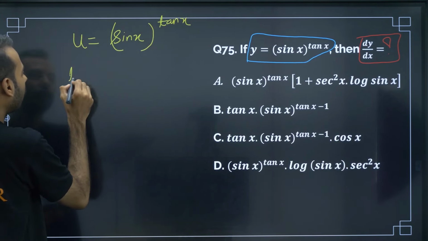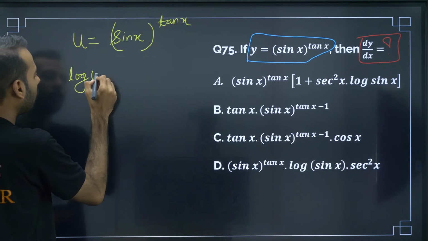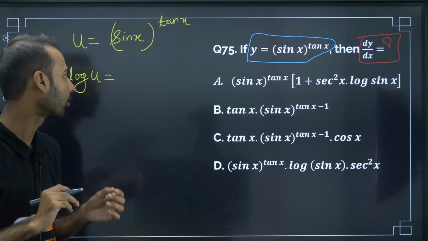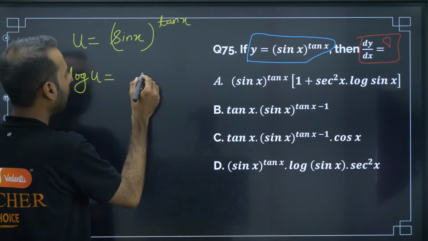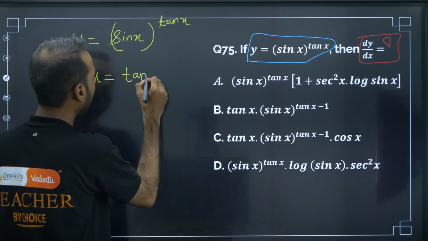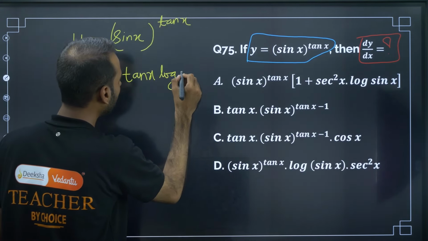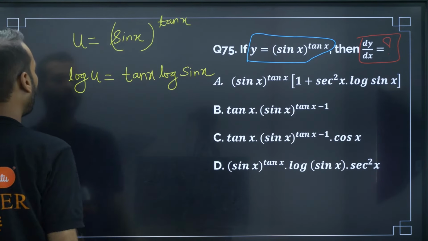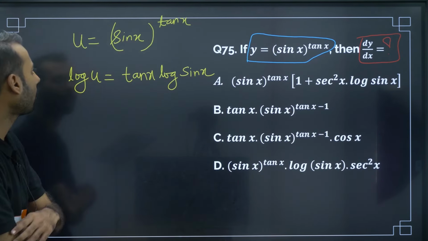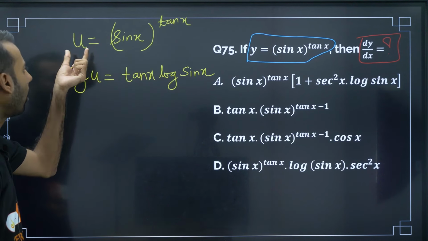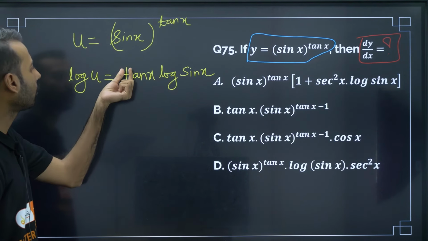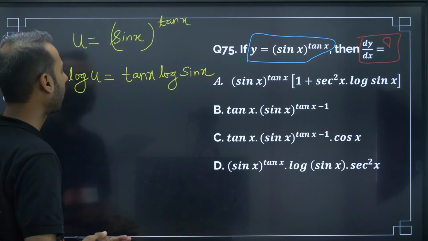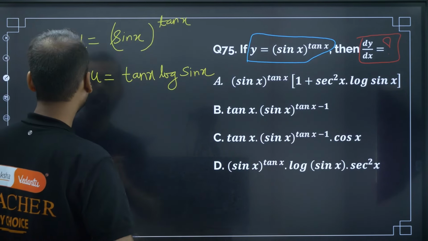So if I apply log on both sides, log u, see here, whenever one function raised to another function is there, we have to apply log. So I am applying log: log u is equal to tan x log sin x. See here, I have applied log. Whenever one function raised to another function is there, we have to apply log.